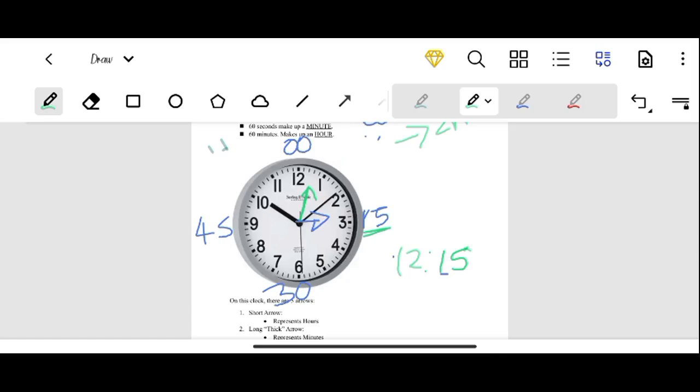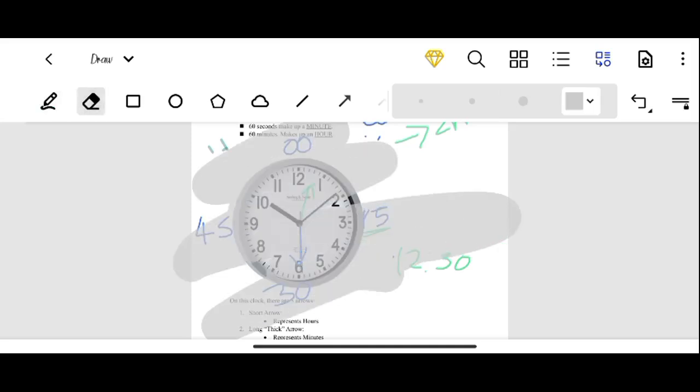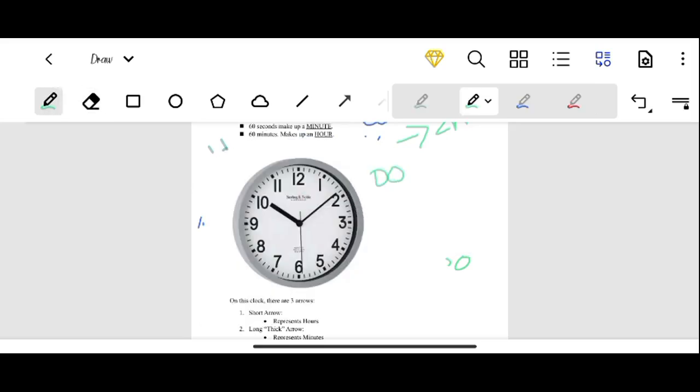At half past, let me say now it's 12:30. At 12:30, we know the long arrow is supposed to be pointing here. The short arrow is supposed to be in between 12 and 1. What I want you to note when you're dealing with these is the following. If it is o'clock, it's supposed to be straight at 12.